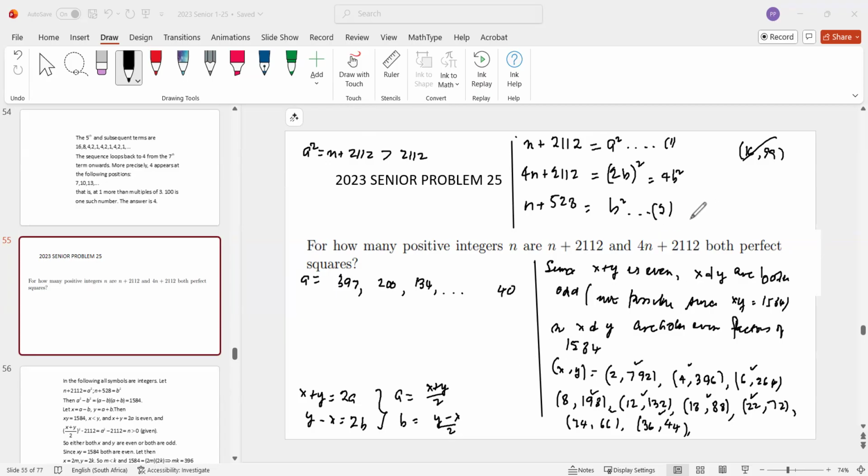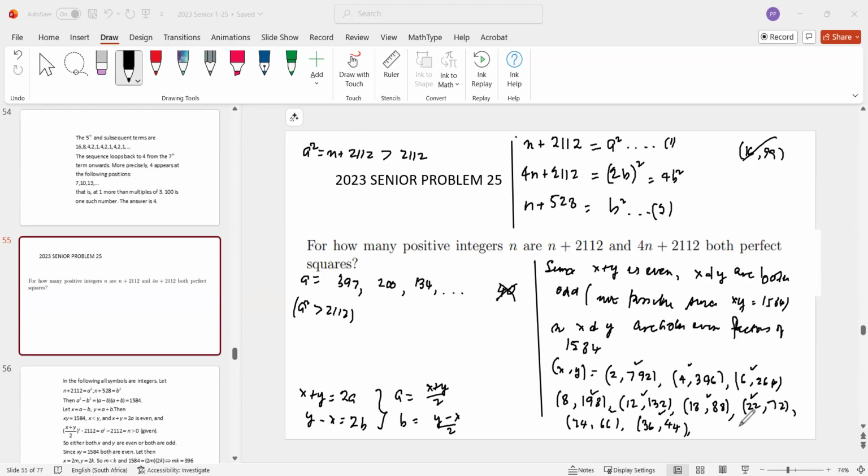So a equals 40 doesn't work, because 1600 is not greater than 2112. So this has to be out. Just note that a squared must be greater than 2112.